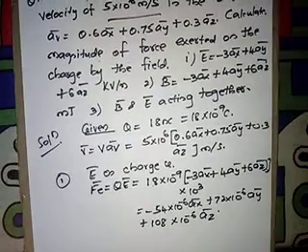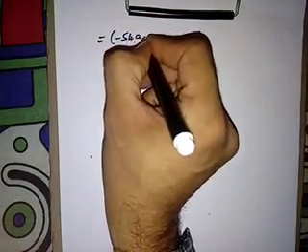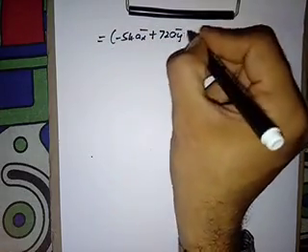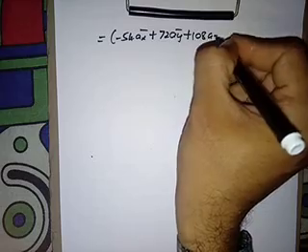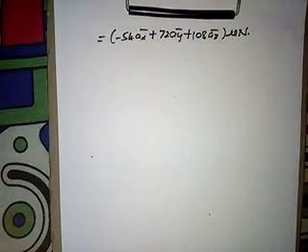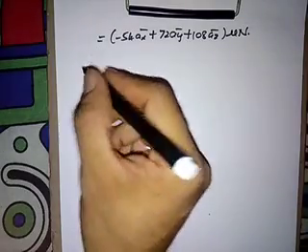On further simplification, I'll write it in terms of micronewtons. That is minus 54 aX bar plus 72 aY bar plus 108 aZ bar micronewton. This is the vector. Now if you want the magnitude, you have to take the absolute value.